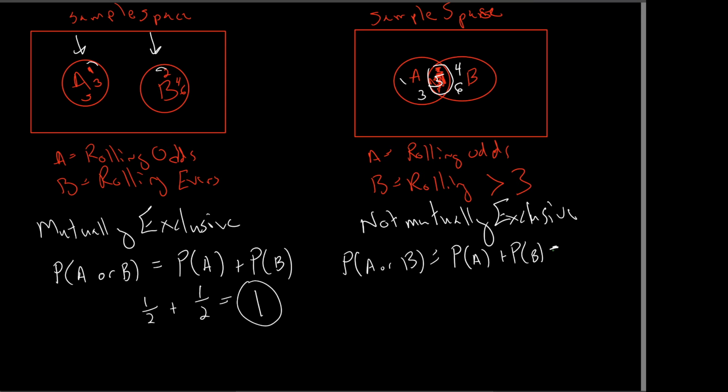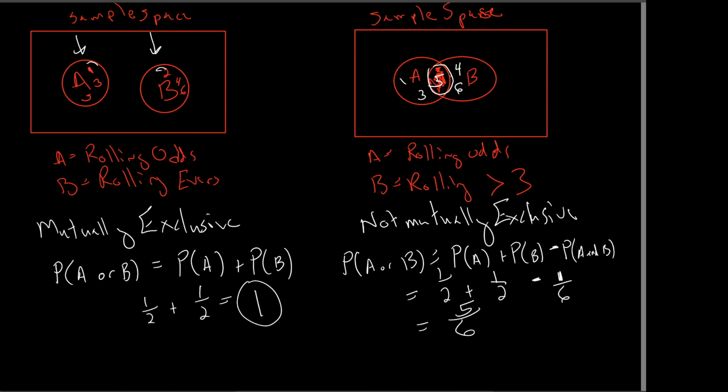And that shared amount is the probability of A and B. And so in this case, it's 1/2 plus, let's see if I get it right, 1/2 minus 1/6 or 5/6.